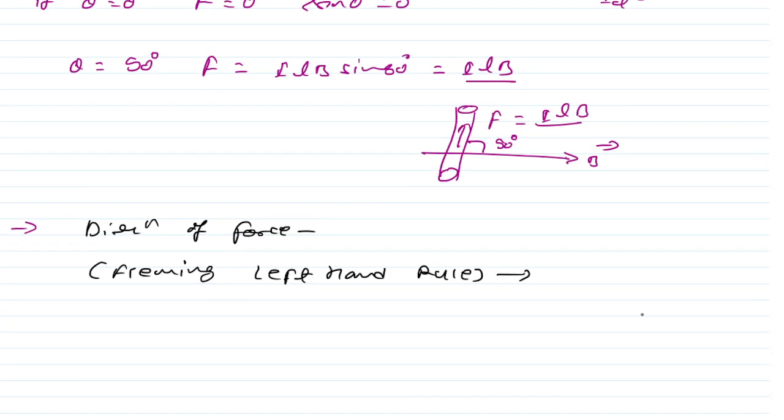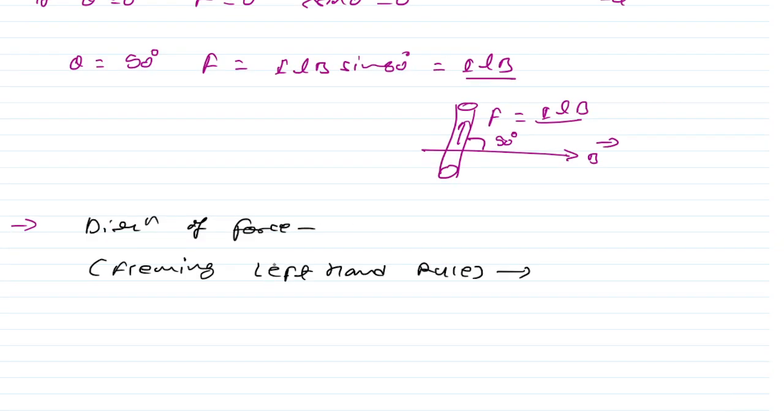If we stretch three fingers of the left hand, first the thumb, second the forefinger, and third the central finger, at 90 degrees to each other, then we point the forefinger in the direction of magnetic field, the central finger in the direction of current, and the thumb will point in the direction of force.